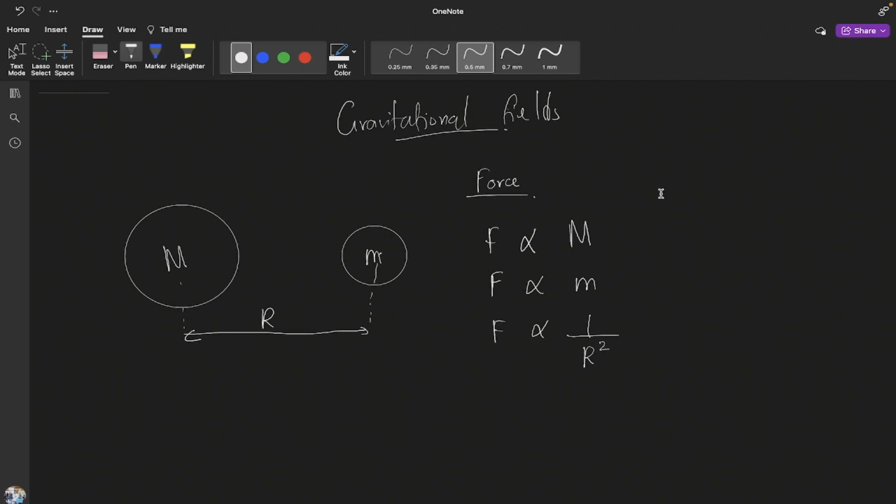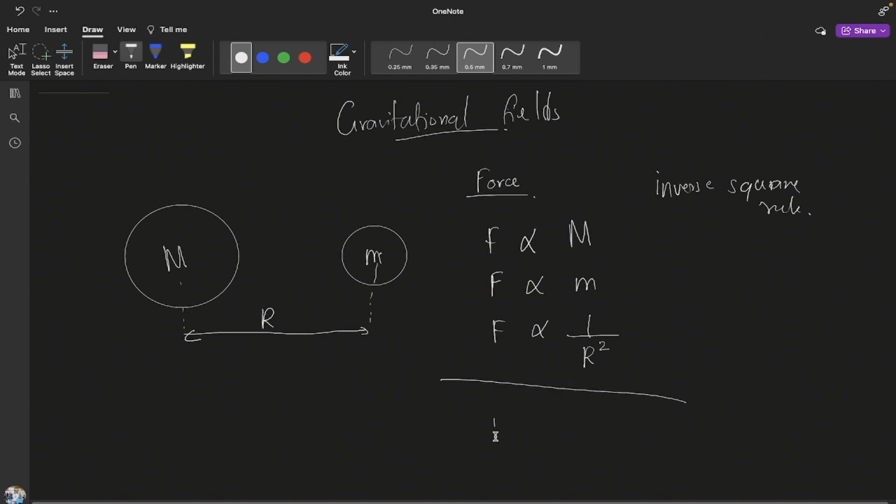Remember, all of these fields, electric field, magnetic field, gravitational field, whatever the field, they obey the inverse square rule. So you can tie all this together. Force is given by capital G, capital M, simple m over R square.